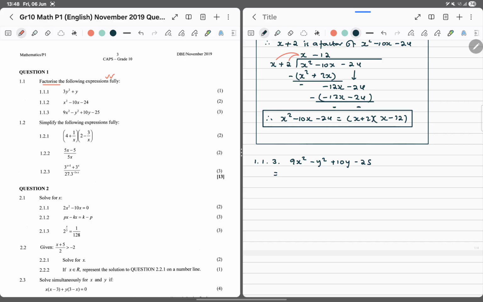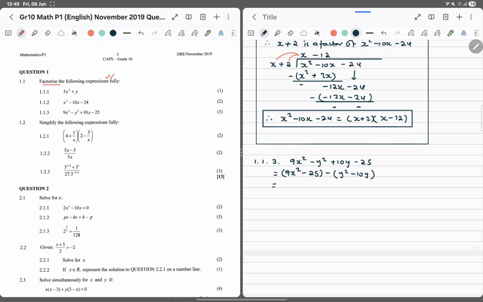We can say this is 9x squared, and maybe put closer the 25 and group these. Take the negative for the next two. It's going to be y squared minus 10y. We group those. So we took a quadrinomial into a binomial.